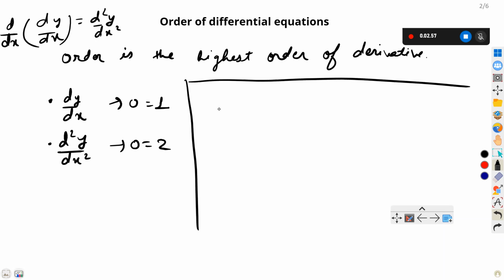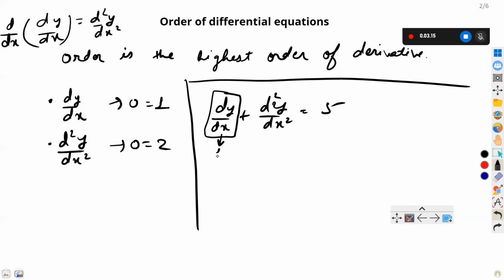Similarly, we'll see in differential equations. Suppose we have a differential equation like this: dy by dx plus d2y by dx2 equals 5. Here we have a derivative which is differentiated only once, so the order of this derivative is 1.